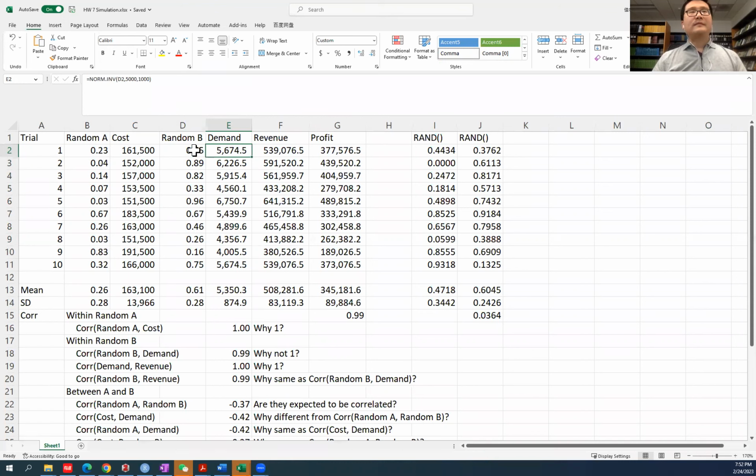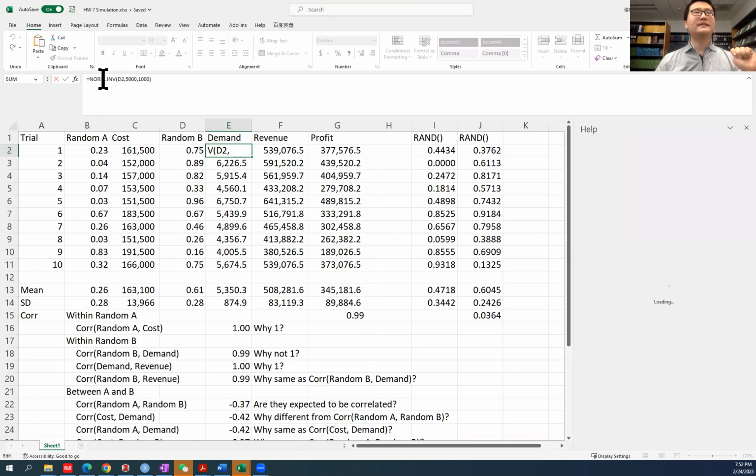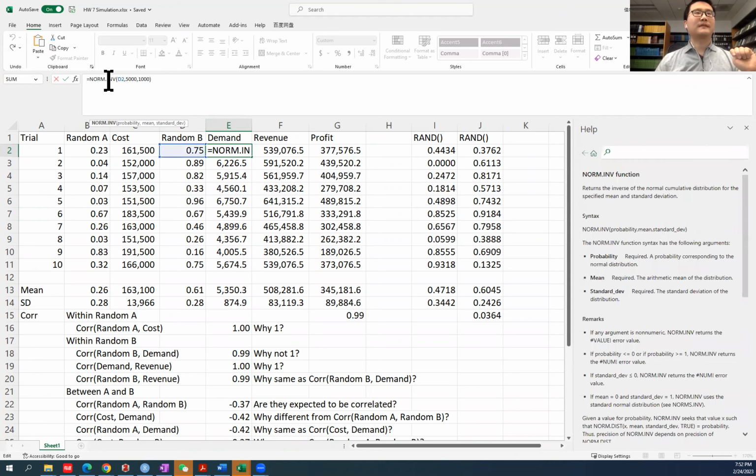To transform a probability to an observed normally distributed random variable quantile, we would use this inverse normal distribution function. If you want to understand what it does, simply click this function name once it pops up, then it tells you that it returns the inverse of the normal cumulative distribution for the specified mean and standard deviation. So it transforms probability to quantile.